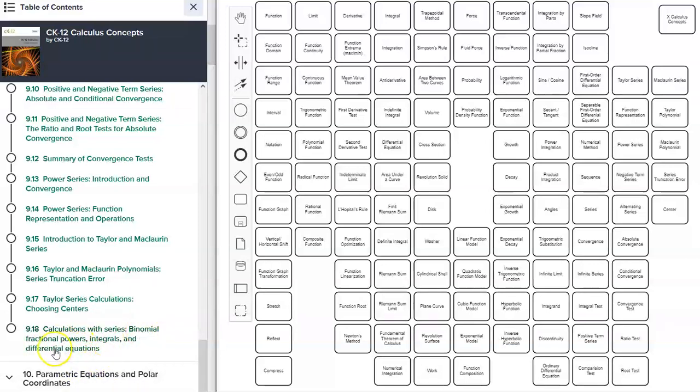Or if that means binomial fractional integrals and binomial differential equations. It's interesting. We'll go ahead and write one of those down. Binomial fractional powers.